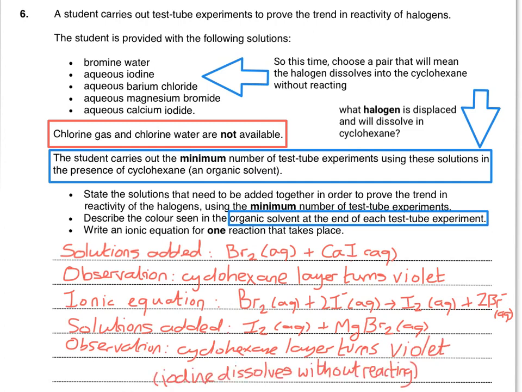The reason for this would be that the iodine dissolves without reacting this time, not because it's been formed from a displacement. Now obviously there are other possibilities, and not too many of them, but they are possible, provided that you follow the guidelines we've been looking at as we go through this.